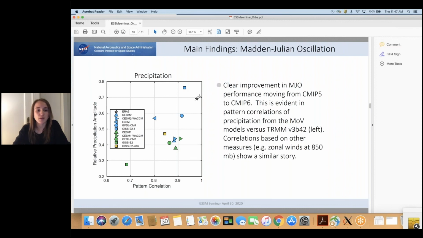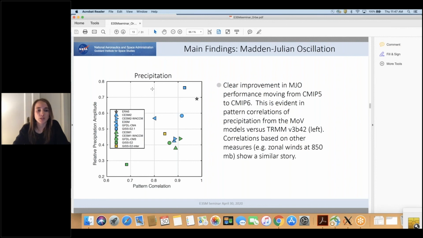And the value for the TRMM-based precipitation is shown right here in the gray star. And so what we can see is that generally, even though the degree of improvement depends very much on the modeling centers, there's a general tendency towards an improved representation shown here in the precipitation field.